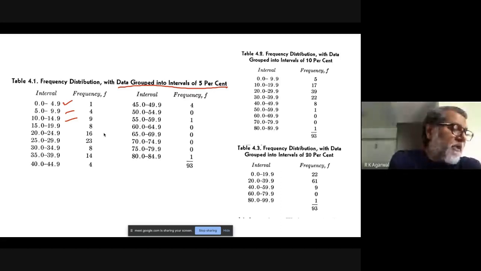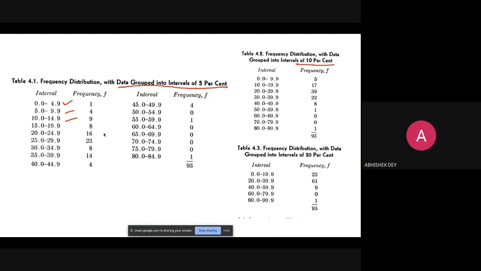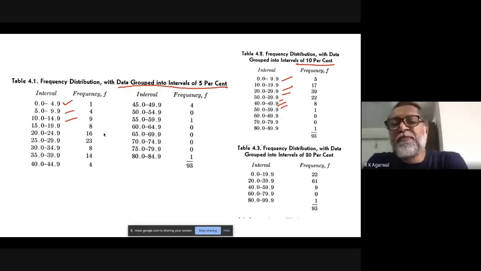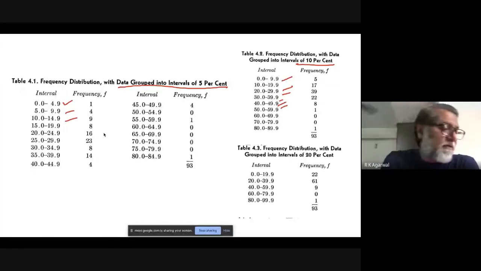What about the table 4.2? What is the interval? It is 10%. So 0 to 10, 10 to 20, 20 to 30, 30 to 40, 40 to 50, and so on. And what about the third table? This shows an interval of 20%.